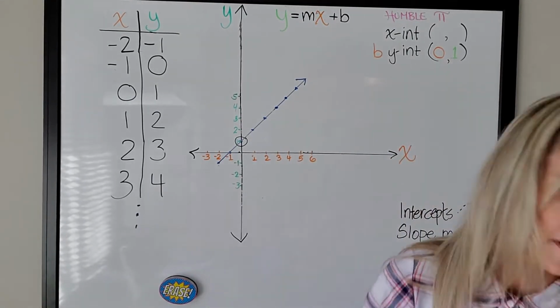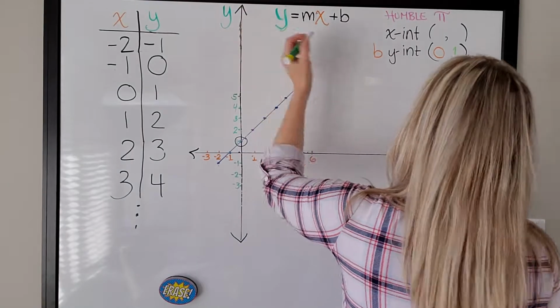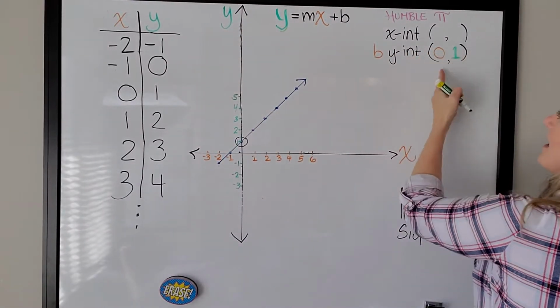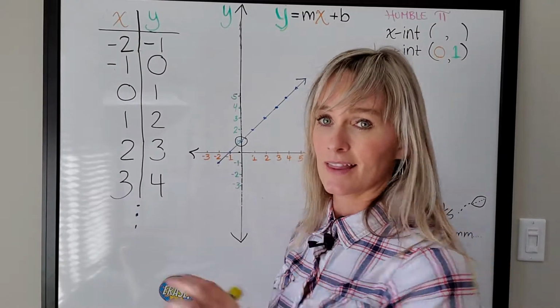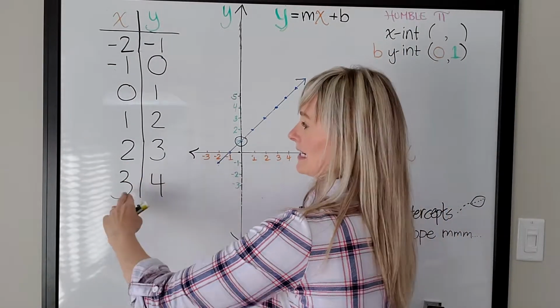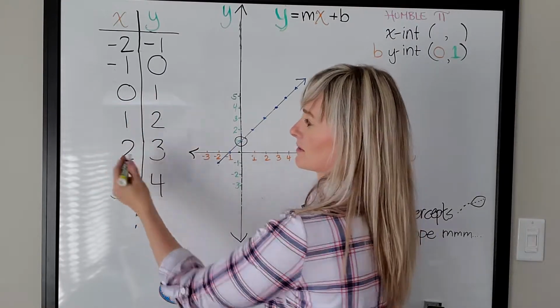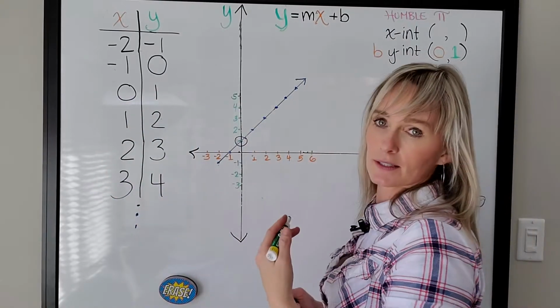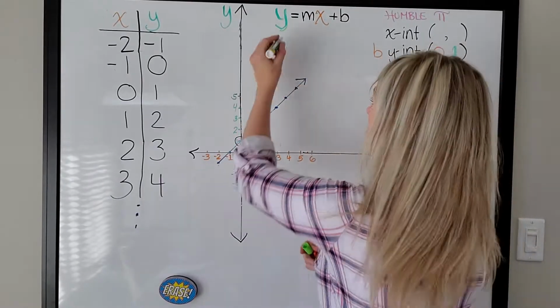Oh well. We can't be perfect. But hey, I just found the other green. So y and x values, as long as they're the right pairs, they are pairs. They're like ducks. They mate for life. They have to be the same. You can't put this guy with this guy or you no longer have a straight line, or you no longer have this particular equation for this line. So you've got to do that.